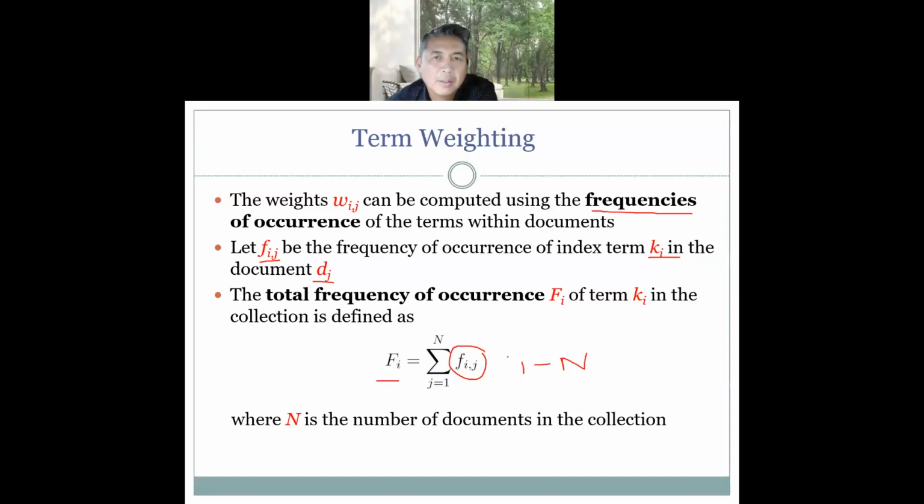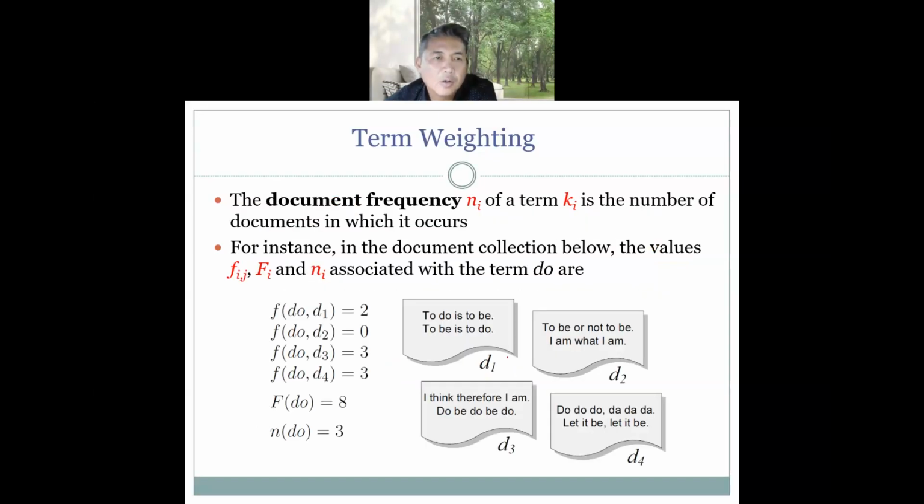Let me give you one example here. In the first one, the frequency of "do" in D1 is 2. We look at document 1 and find how many "do": 1, 2. So the frequency of "do" is 2.